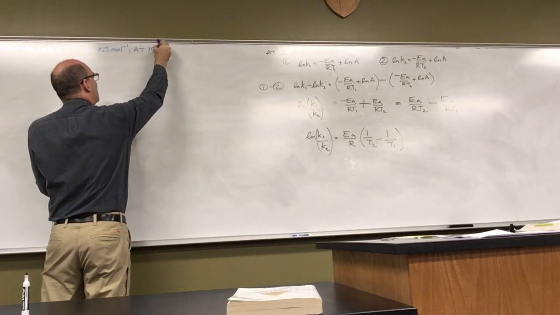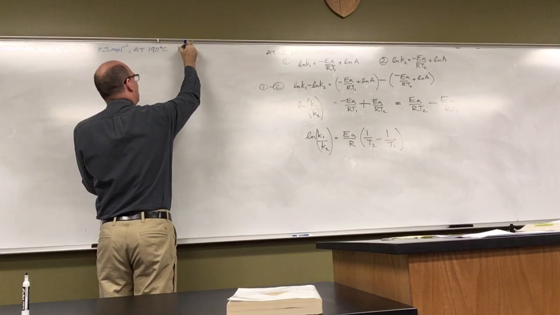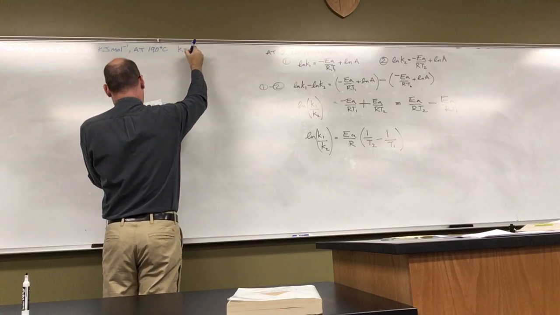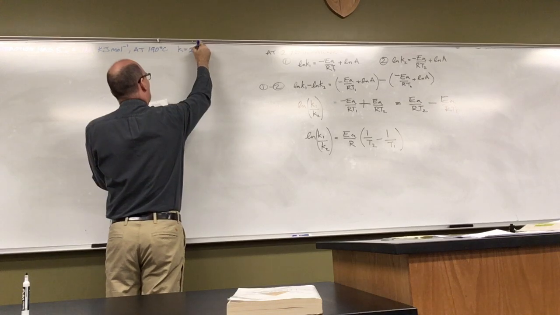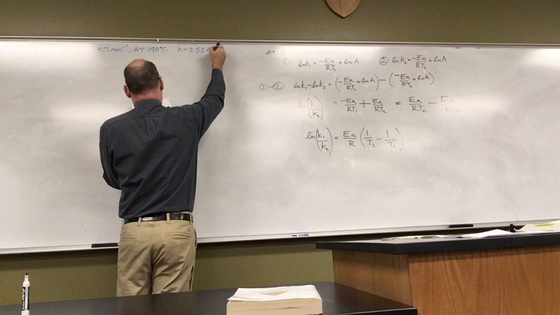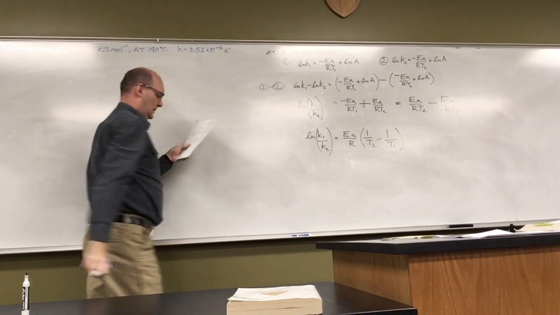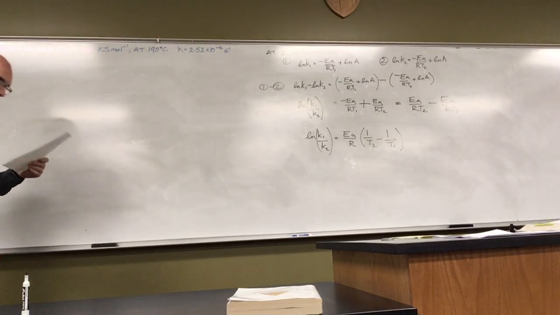At 190 degrees Celsius, the value of its rate constant is 2.52 times 10 to the negative 5 per second.